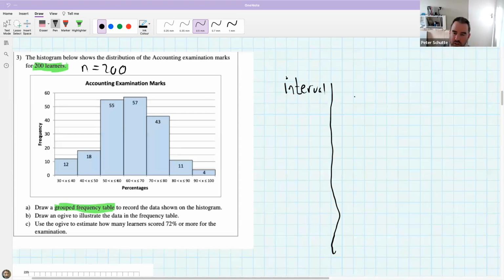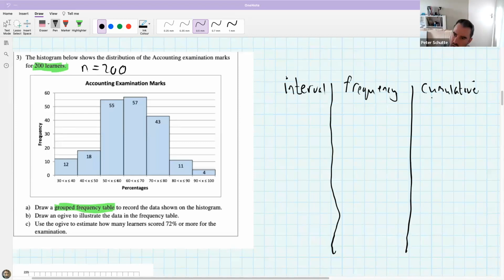So that's what I want you to think about. And I'm hoping that what you're trying to build is a table that has these 3 columns.